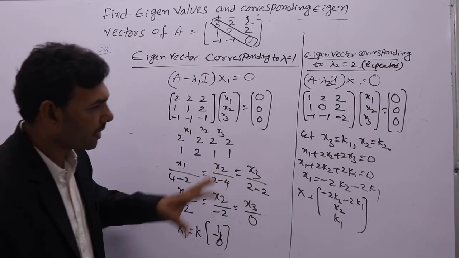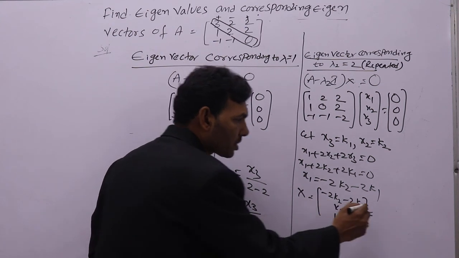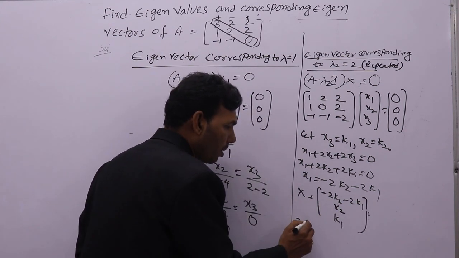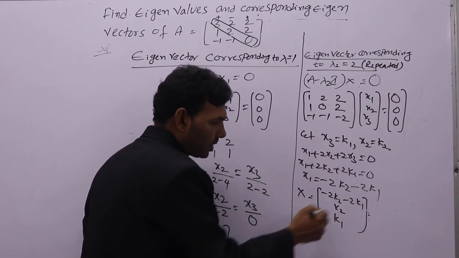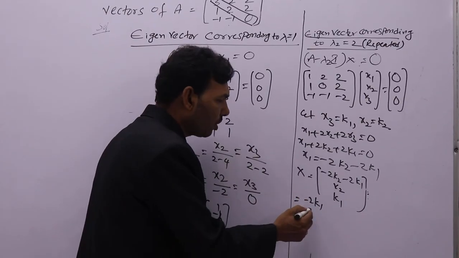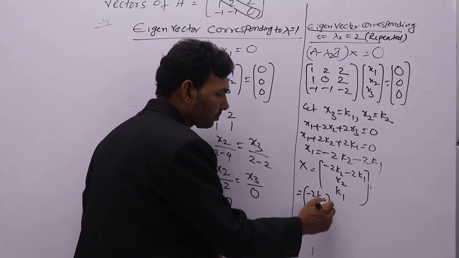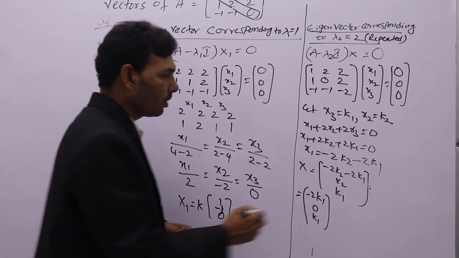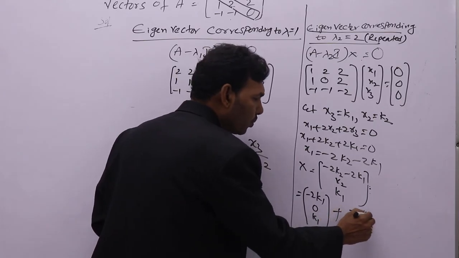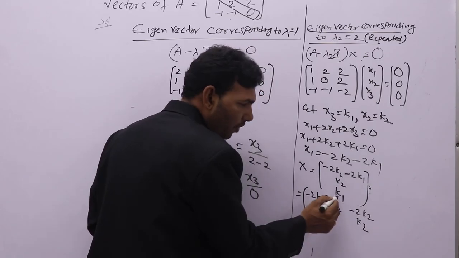Now separate k1 and k2 terms. First k1: minus 2k1. Do you have k1 in the second term? No, 0. k1. Plus k2 terms: minus 2k2. Here you are having k2. Do you have k2 in the last?